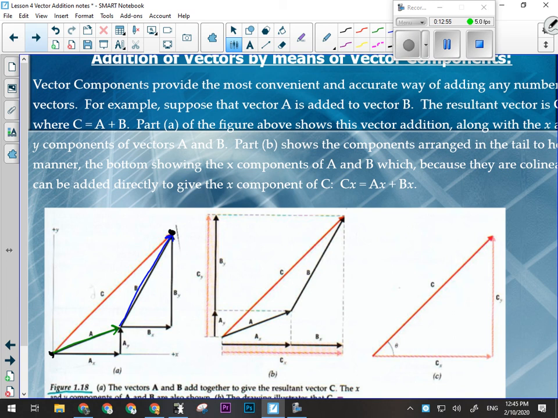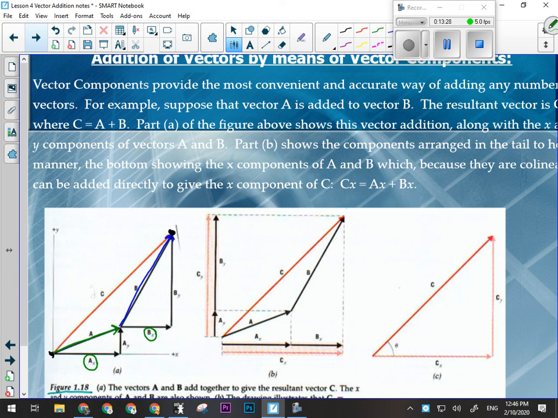In doing that, the object goes horizontally along the positive x-axis, and vertically along the positive y-axis. If I analyze each of these vectors and find their horizontal components, that would be Ax and Bx. If I add Ax and Bx together, that tells me how far I went over in total.